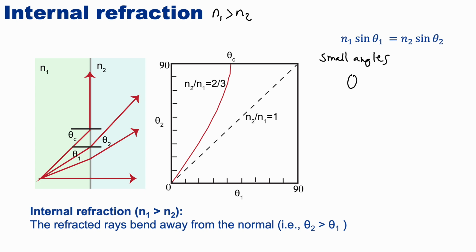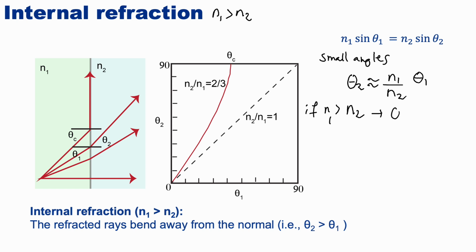Now theta 2 is still approximated as n1 over n2 times theta 1, but because n1 is higher than n2, that ratio is higher than 1, sorry about that.